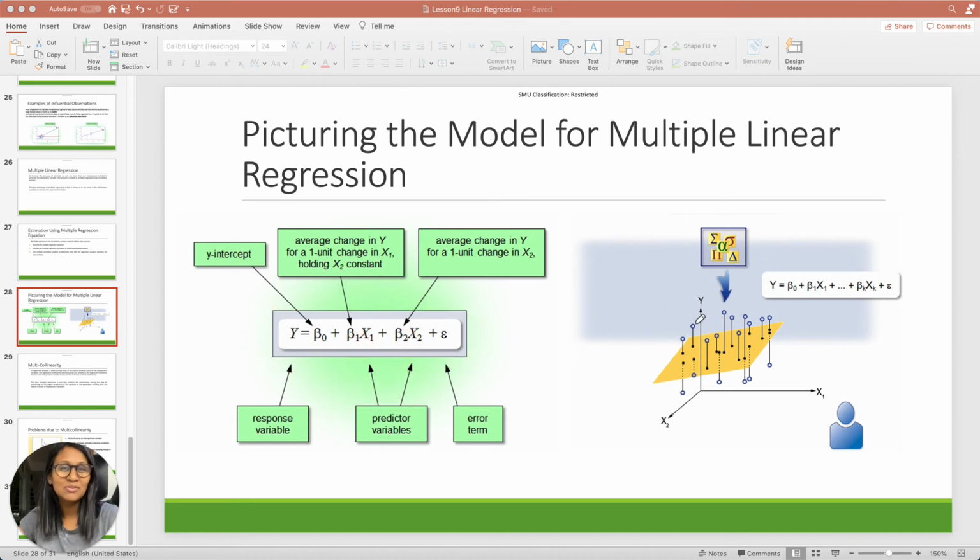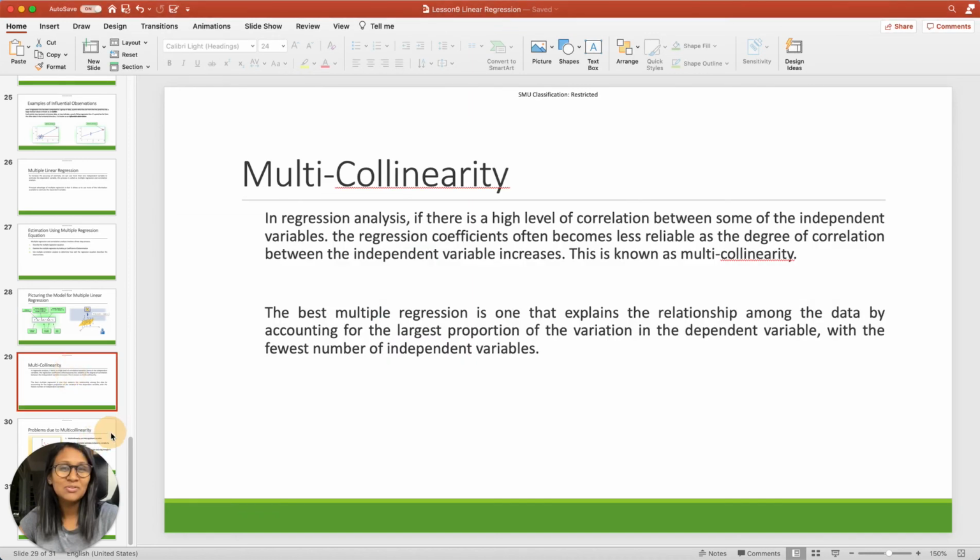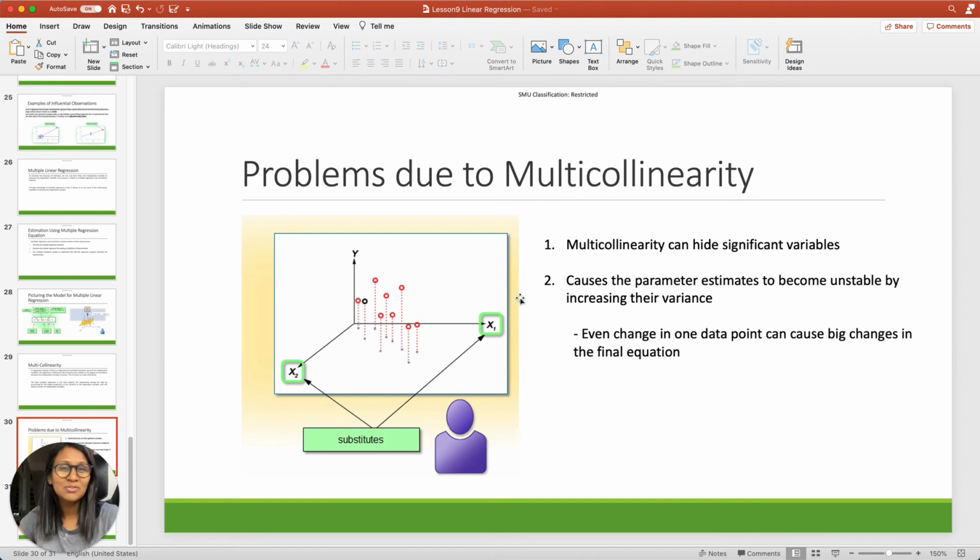In other words, even if one data point changes, they will completely change, and that's going to make the equation very different, even with a very small change in the data, and that is not very desirable. So that is the second thing we're talking about here, that it causes parameter estimates to become unstable by increasing their variance.